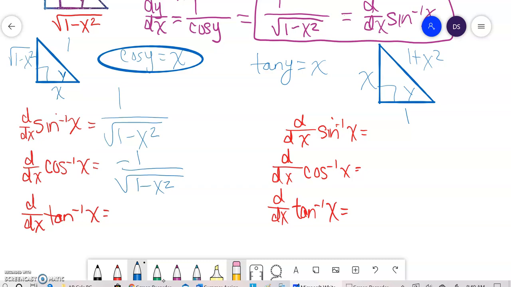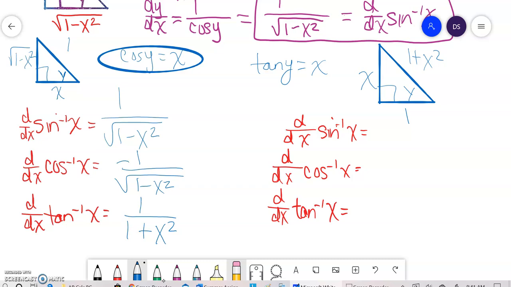And again, if I wanted to do the proof of the derivative, I would implicitly differentiate both sides and then substitute in the value I needed for the derivative of tangent of y, which would be secant squared, and I will get the derivative for inverse tangent, which is 1 over 1 plus x squared. Kind of interesting. I think so.